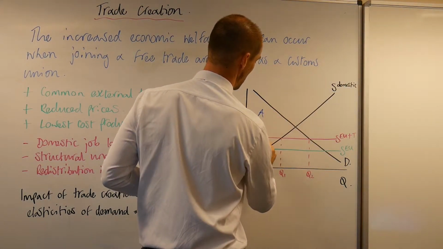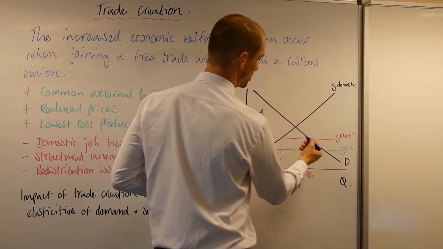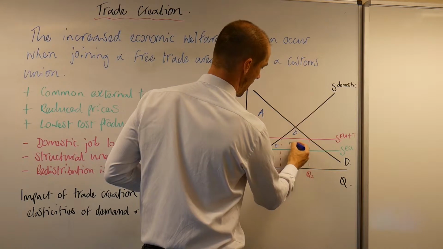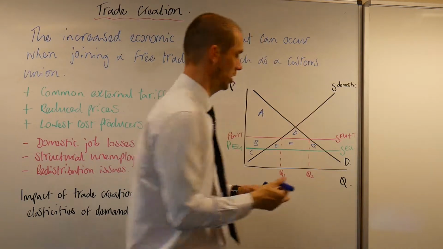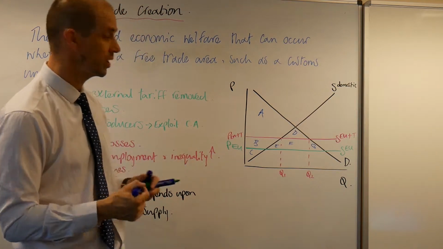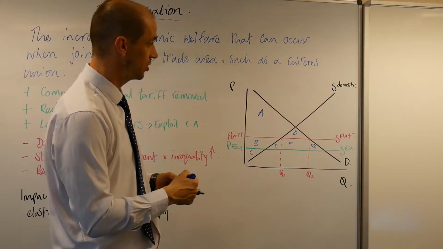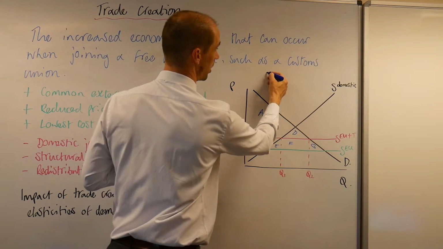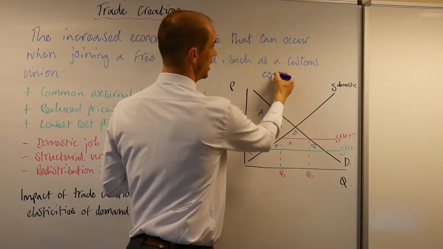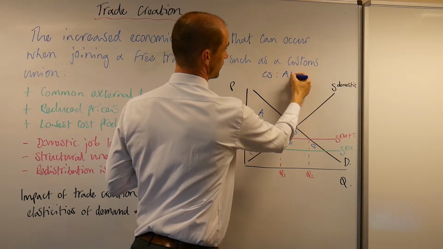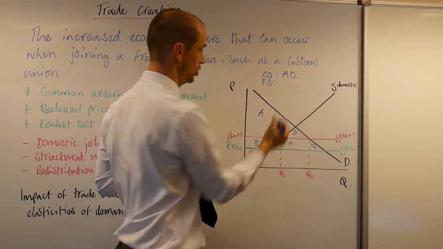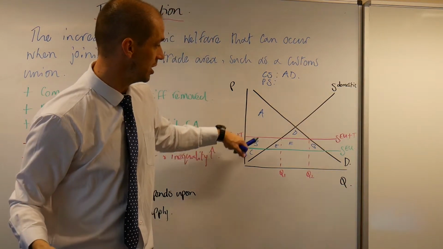If we label each one here, A, B, C, D, E, F, and G. What we can see in this scenario is that the consumer surplus prior to removing that restriction is A and D. Meanwhile, the producer surplus for domestic producers is C and B.